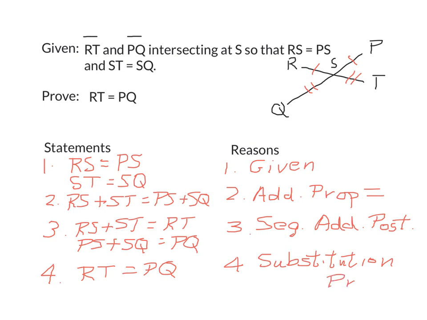Okay? So here's a fairly simple 2-column proof, 4 steps, and in the format that I want all of your proofs to be in, okay? A given statement, what you're asked to prove, a diagram, then 2 columns, statements, and corresponding reasons with them numbered.